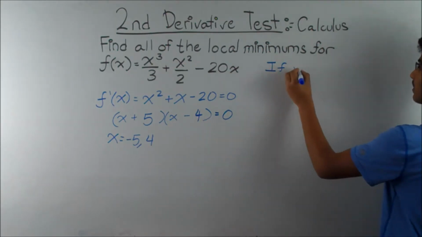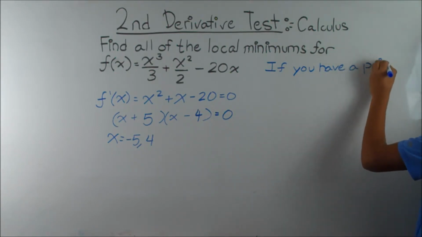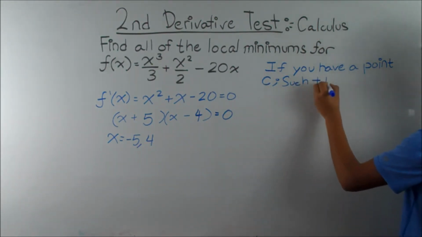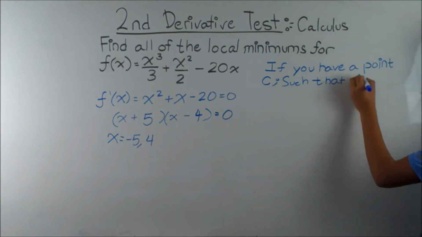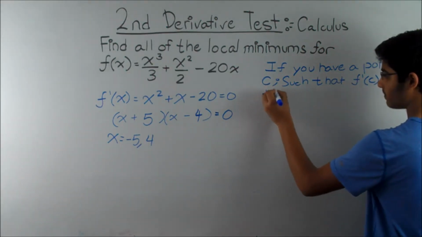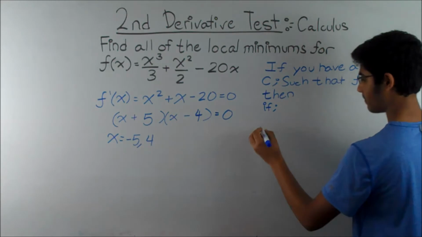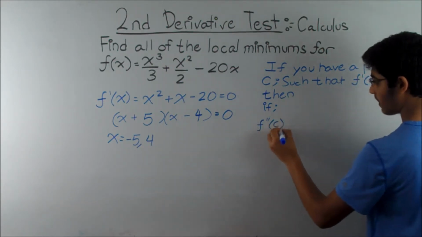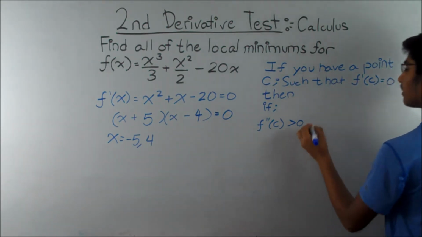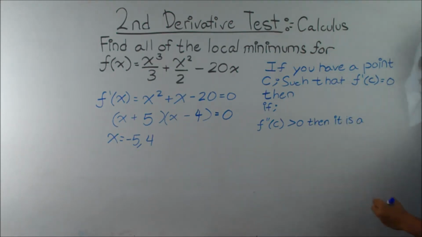If you have a point C such that f prime of C is equal to 0, then if f double prime of C is greater than 0, then it is a minimum.